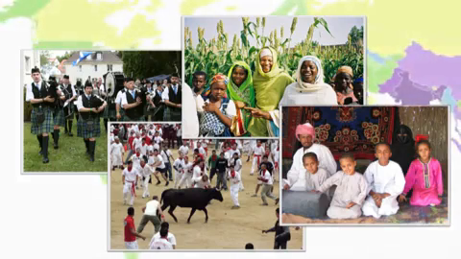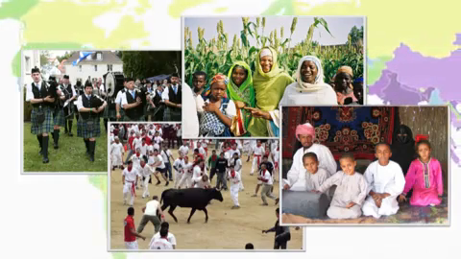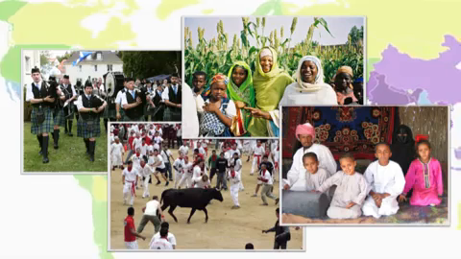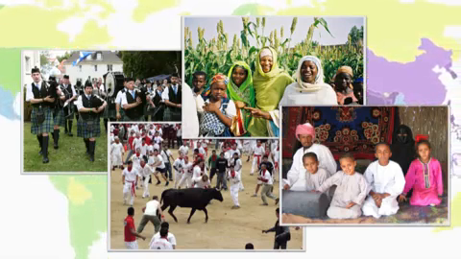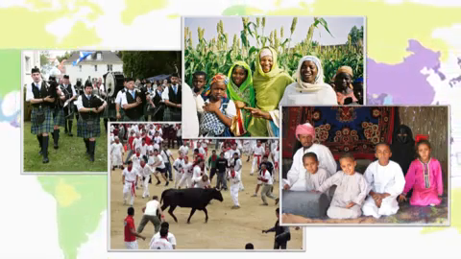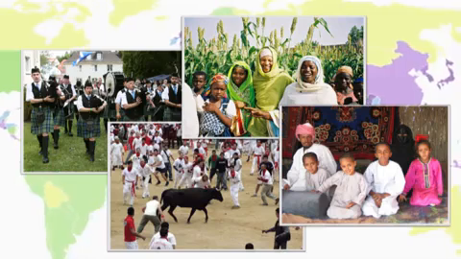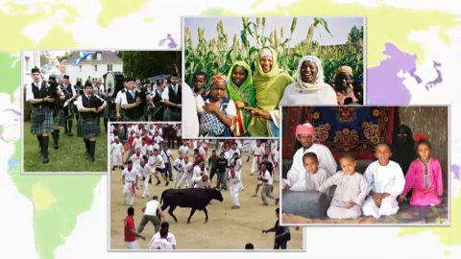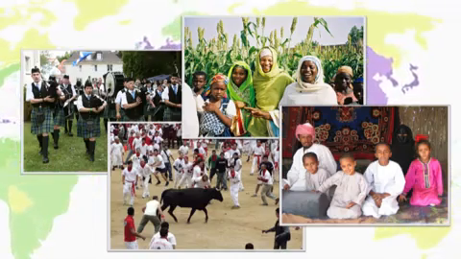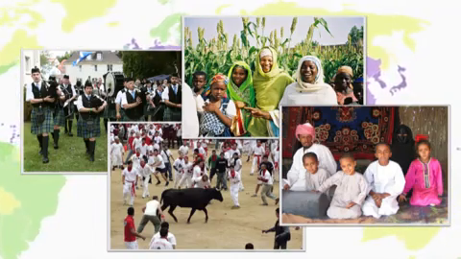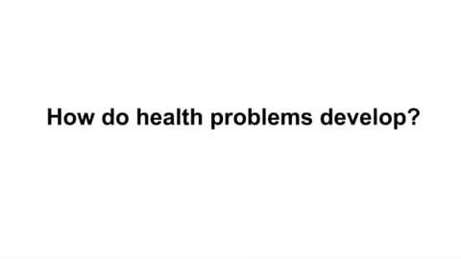Population research begins by considering the distribution and determinants of health outcomes at a population level, although population research may also include individual and micro-level analyses. An understanding of the historical and social context of health outcomes is important in order to conduct effective research and to design effective interventions. So, how do health problems develop?